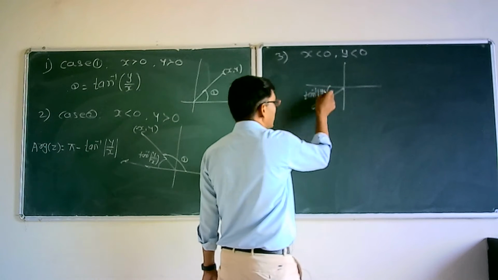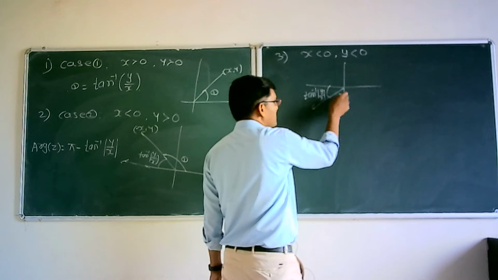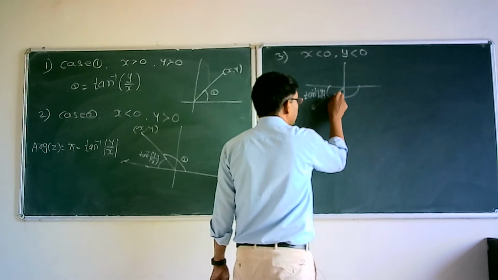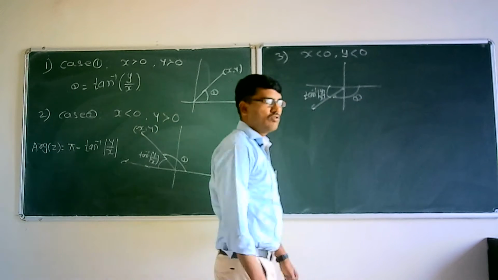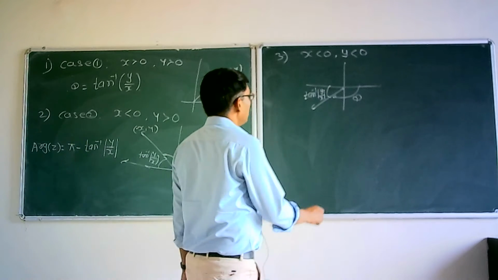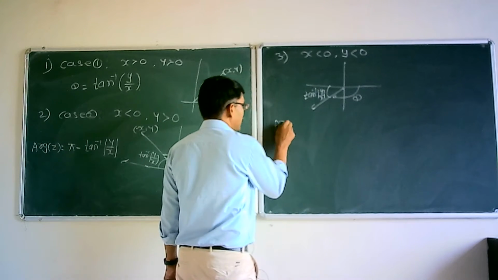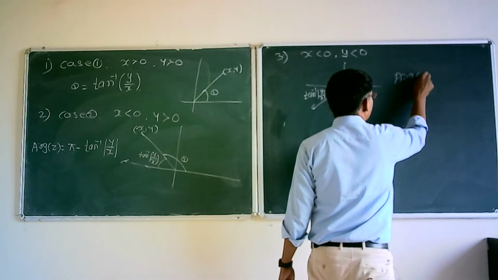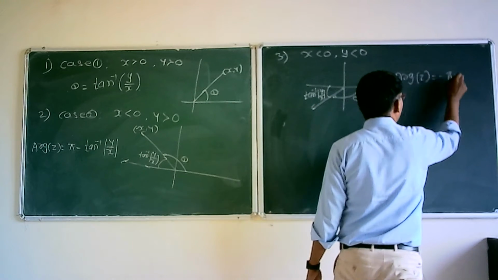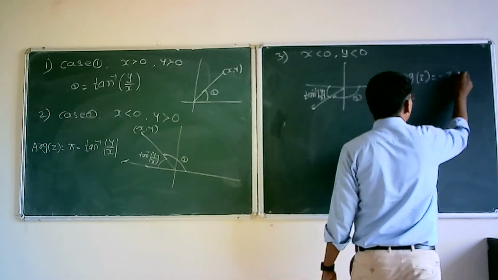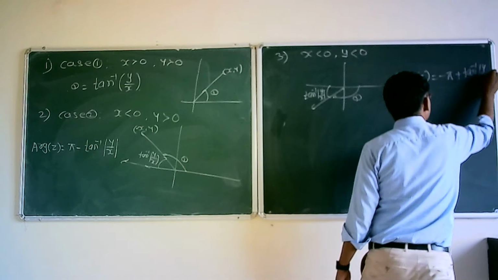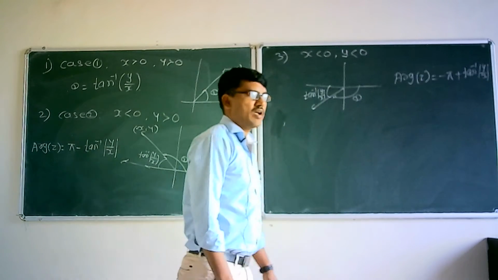We know that this total angle is minus pi. So if we add this angle to minus pi, we get this angle theta. In that case, argument of z is equal to minus pi plus theta, minus pi plus tan inverse mod of y by x.